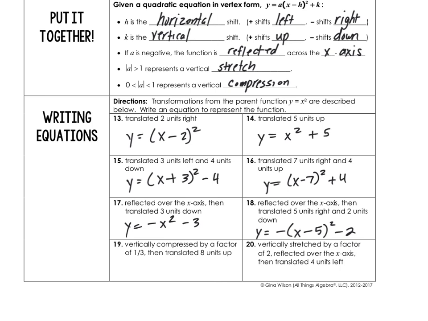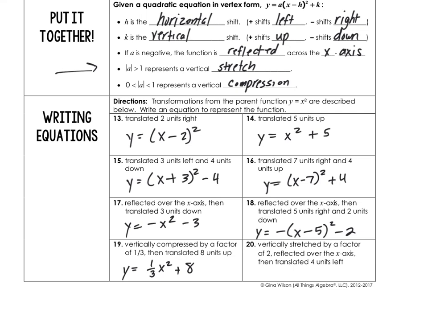Take your time on these in your homework. Think about it. Refer to your table up here. This is where you can get all the information you need. Vertically compressed by a factor of 1/3, then translated 8 units up. So y equals 1/3 x squared plus 8.